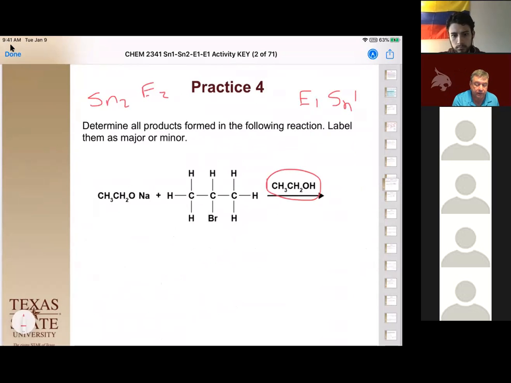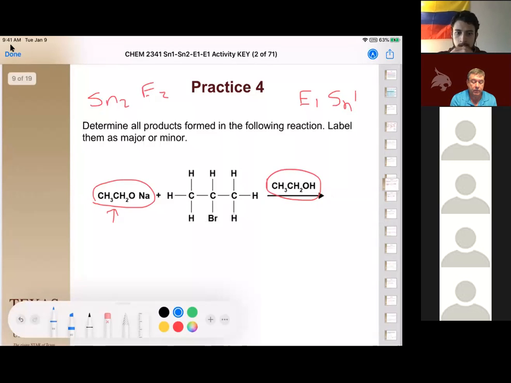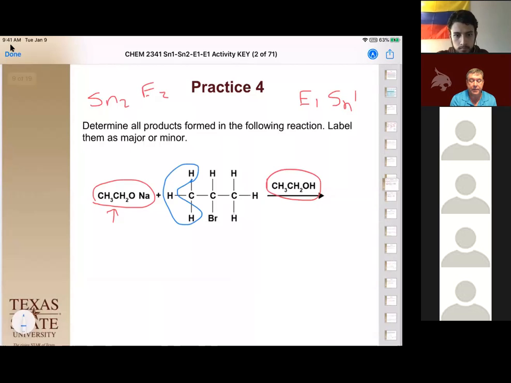So we look at our thing here now. We have a good nucleophile and it's a good base and it's not that bulky, okay? And we have a total of 3 beta hydrogens here and 3 beta hydrogens here to give us our product. Okay.